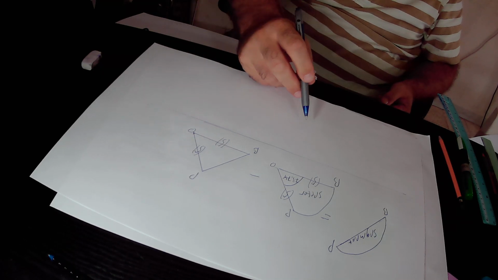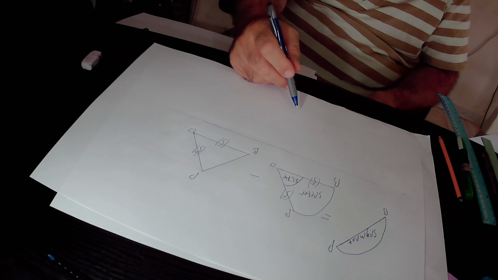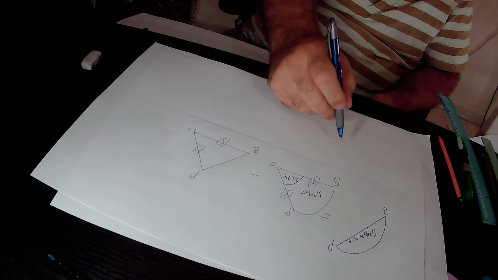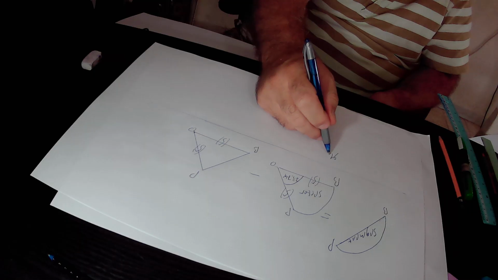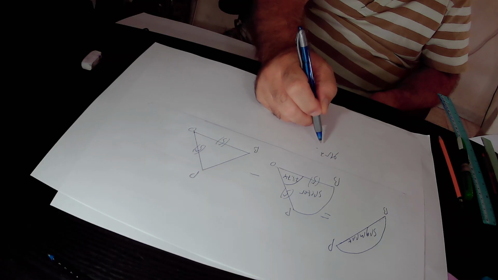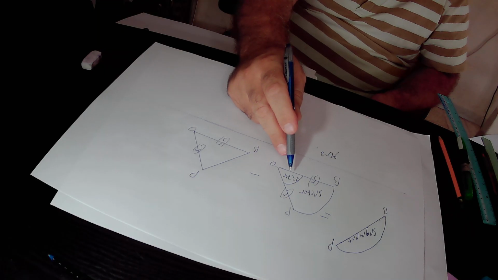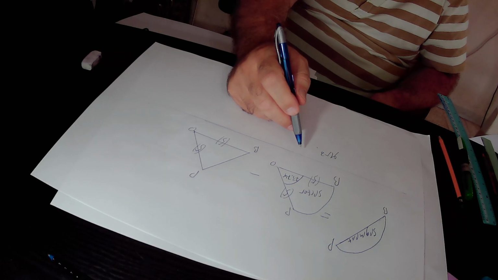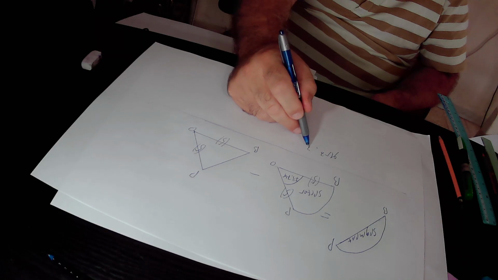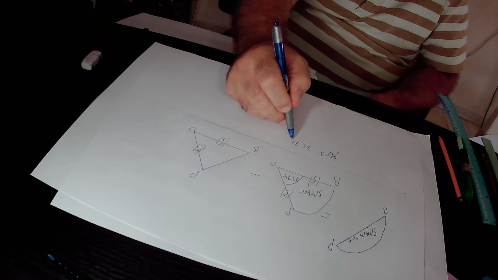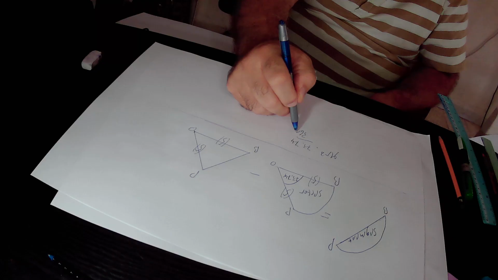So the area of this sector BOP will be equal to pi r squared times the angle between the legs of the sector, that is 73.74 over 360 degrees.